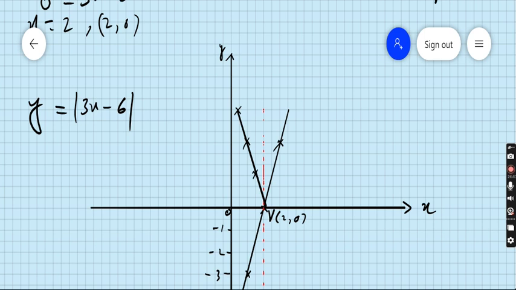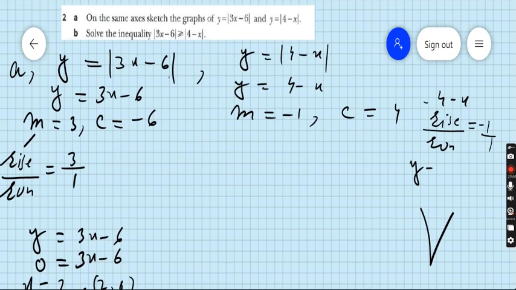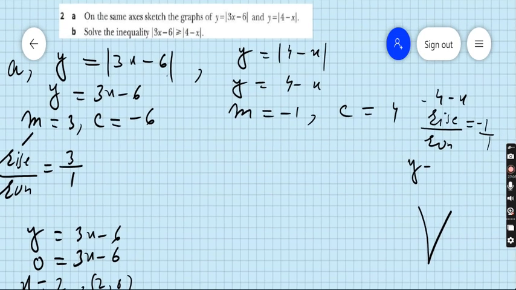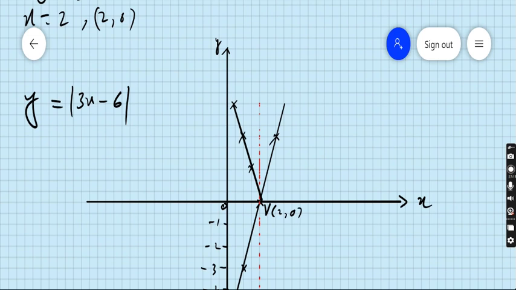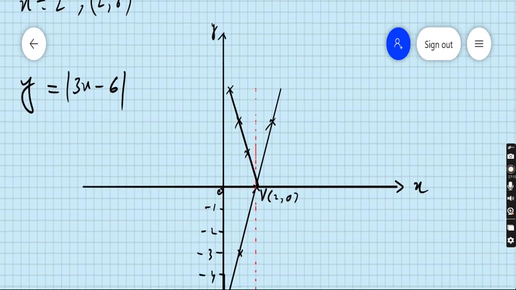The second one, this time I will use another color. The second one is y is equals to 4 minus x. Y intercept is 4. 1, 2, 3, 4. This is our reference point, the intercept, and our gradient is minus 1 upon 1. So 1, 1.